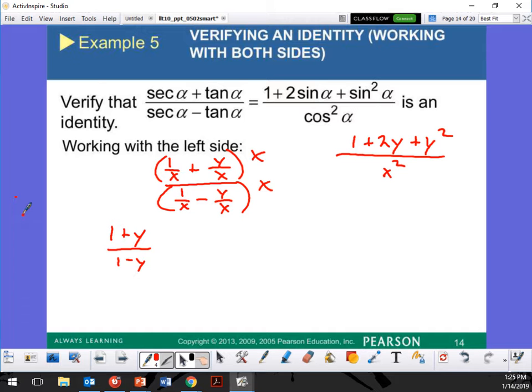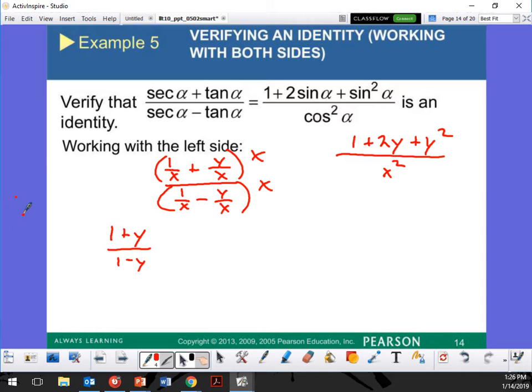Now, I have squares on the right-hand side, don't I? So I'm going to multiply by the conjugate. Remember that? We talked about that the other day. What was the conjugate?